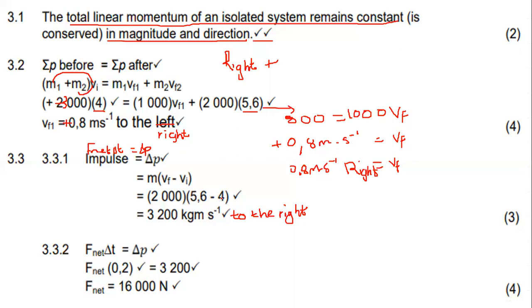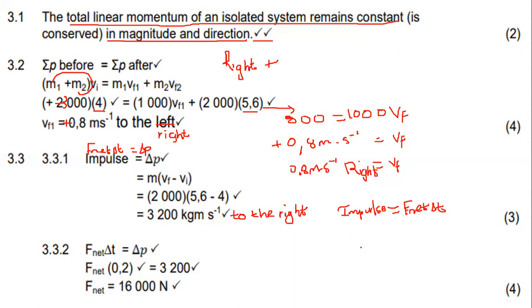Then someone could have said, Minero, what if I wanted to just use the product of the net force and delta T to get the impulse altogether? Meaning a learner would say, what if I said impulse is equal to F net delta T?